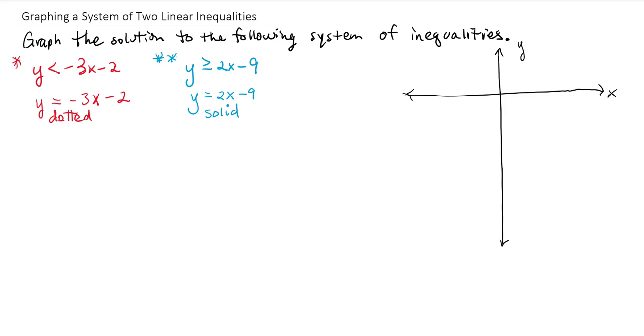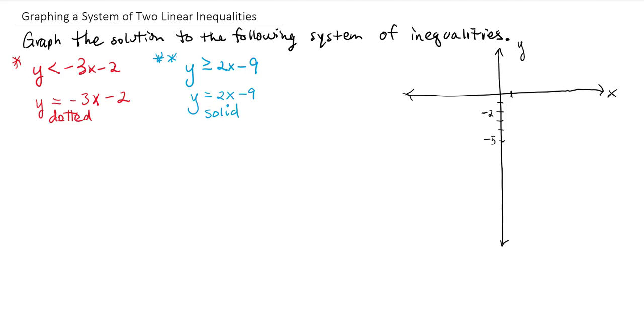Okay, so we could use y equals mx plus b form, and so we have a y-intercept of negative 2, and the slope is negative 3. So let's put a negative 2 here, and let's count 3, 4, 5, and that's negative 5. And we need to go 1 unit to the right.